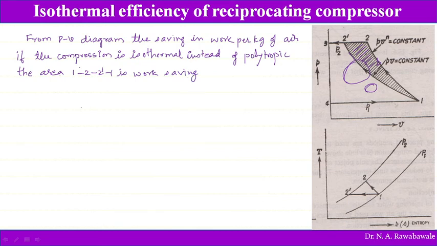It is given by delta W, work saved. Delta W is equal to W actual minus isothermal work. So now this gives us the work saving.